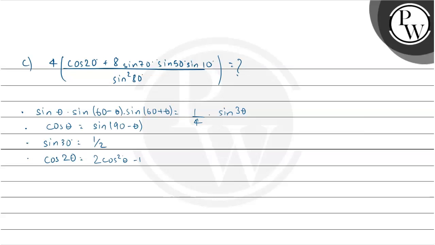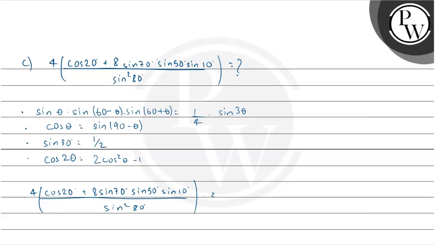So the expression we have been asked to evaluate is 4 times cos of 20 degrees plus 8 times sine of 70 degrees times sine of 50 degrees times sine of 10 degrees upon sine square 80 degrees.